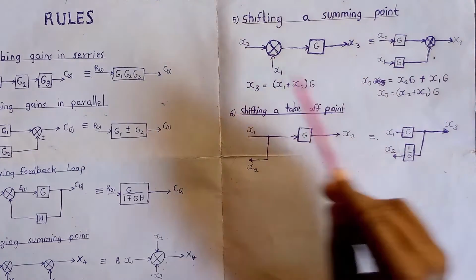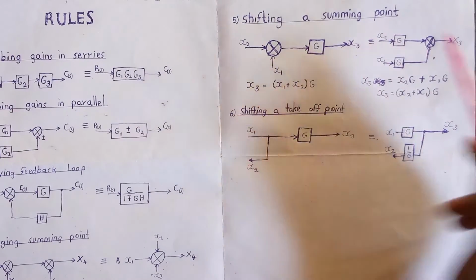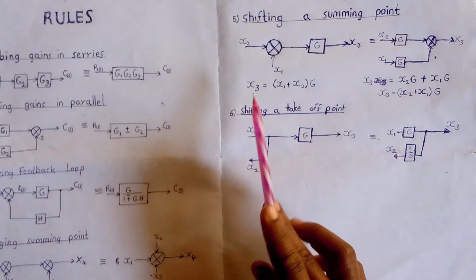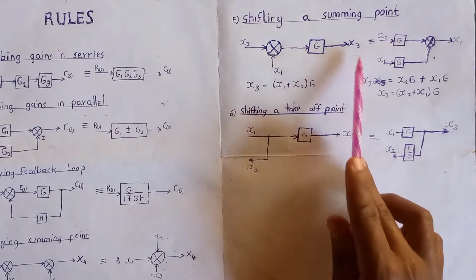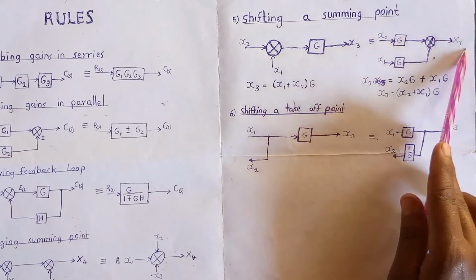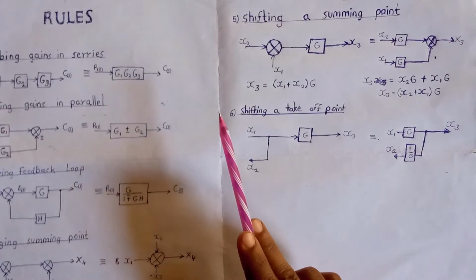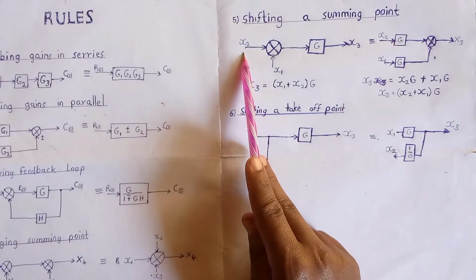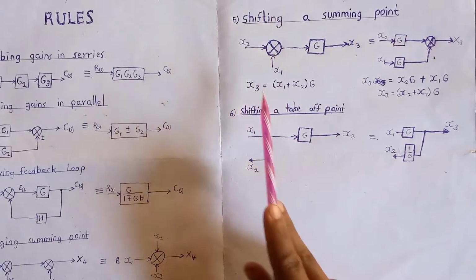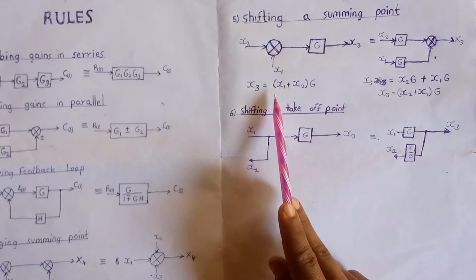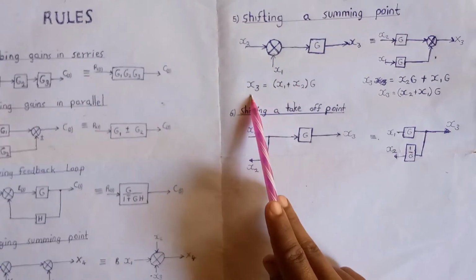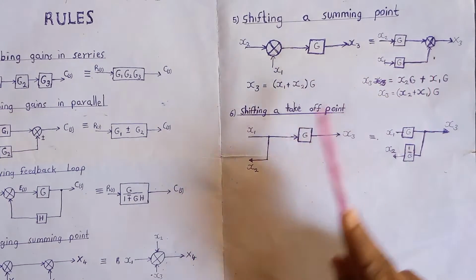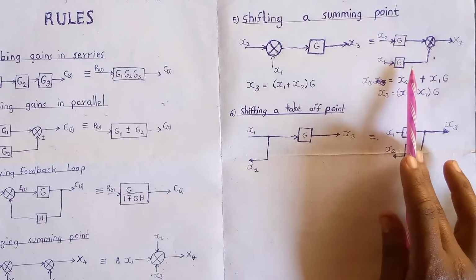After shifting ahead of this gain, we'll obtain this diagram. And take note, when shifting, the value of x3 here should remain unchanged. For example, here our x3 is x2 plus x1, then we multiply by g. That is our value of x3. So we expect the value of x3 to remain the same in this block diagram.